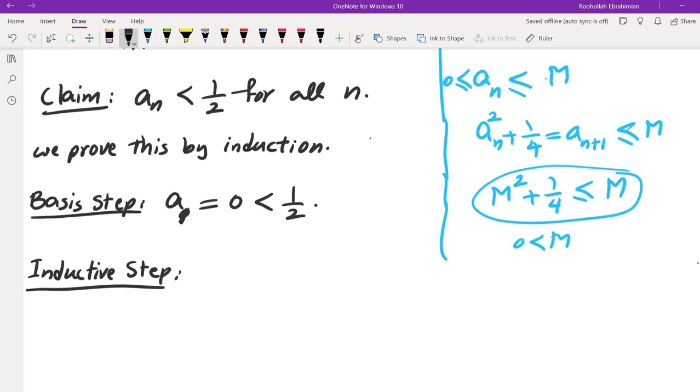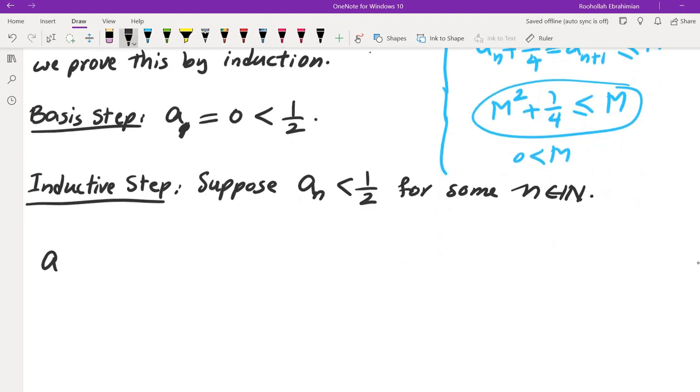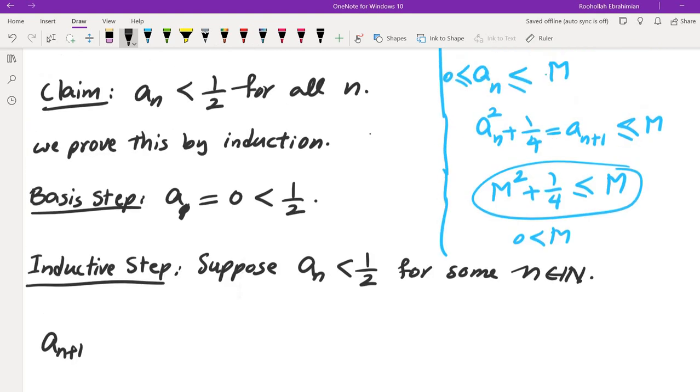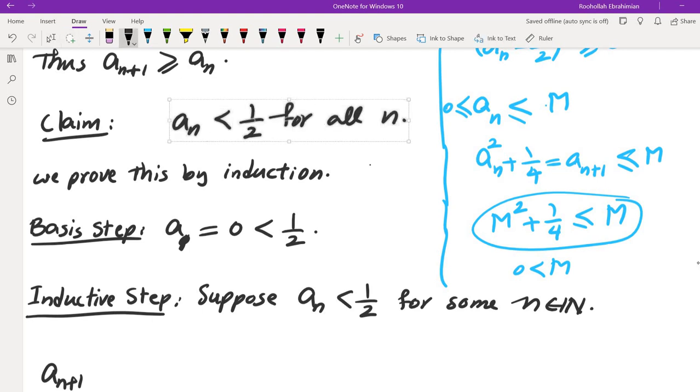For the inductive step, suppose a_n is less than 1/2 for some n. And of course I will also show that they are positive, so a_{n+1} is greater than or equal to 0.